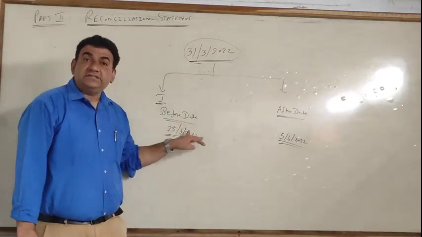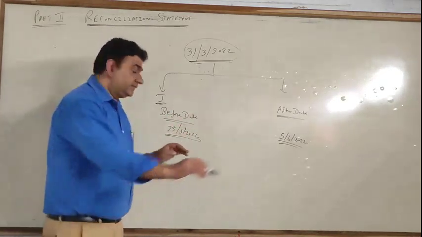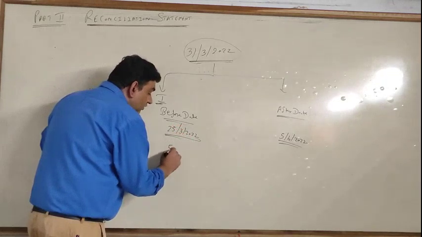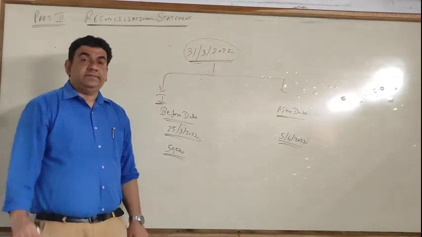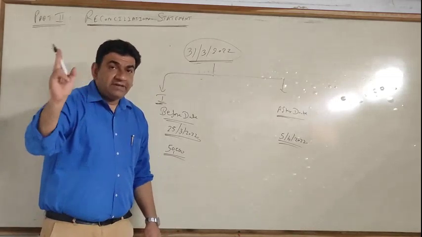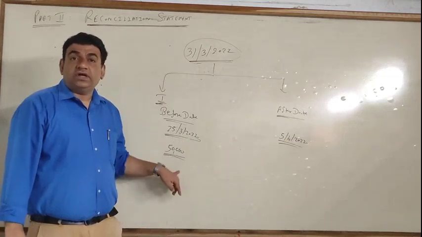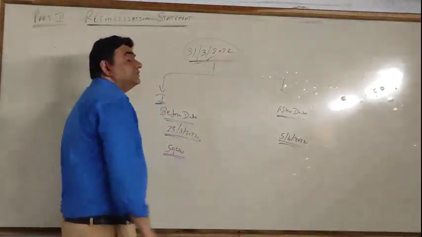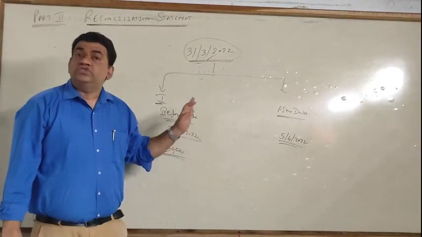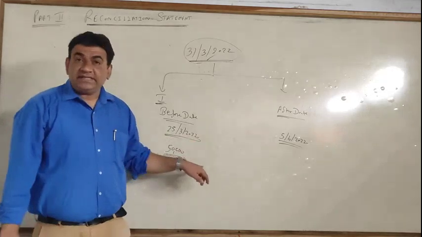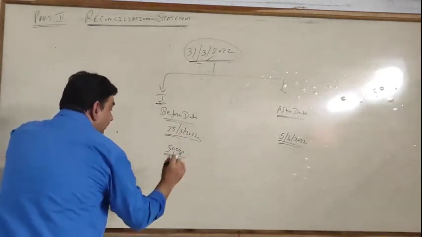Now the company takes the stock, let's take first before date, on 25th March. Now on 25th March, your stock is 50,000. Okay, this is what you have calculated. Now, when I prepare the balance sheet, I don't want 25th March's stock. My balance sheet date is 31st March. So I want stock of 31st March. So what will happen? Company has done the stock taking on 25th March, but they want a figure on 31st March.